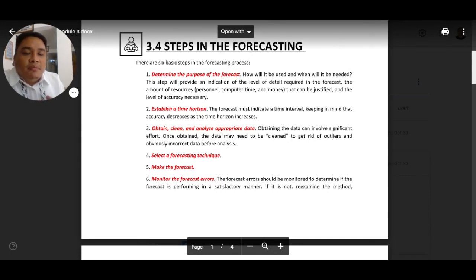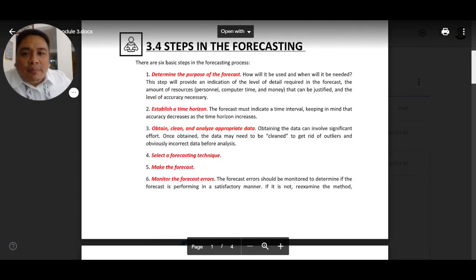Okay, paano natin gagamitin yung forecasting ito? Because forecasting is not only used for the weather, but we also focus forecasting on our operations, on our day-to-day operations in the business organization.